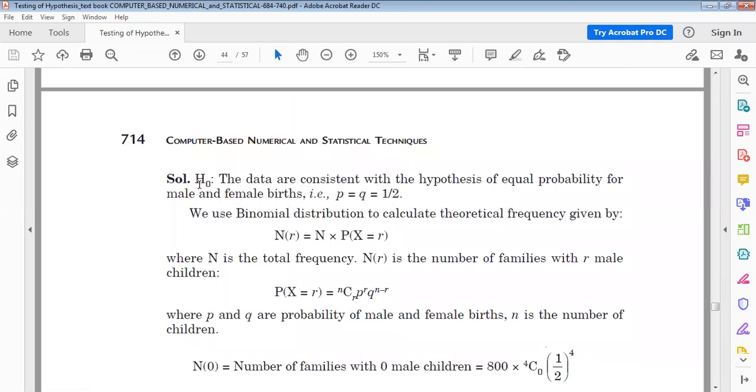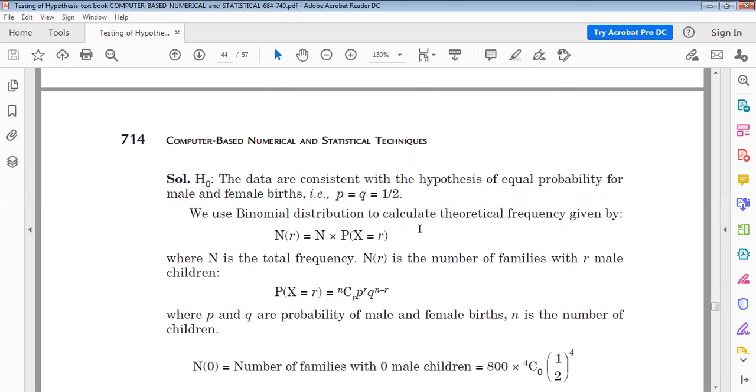Now let us consider H naught is the null hypothesis. The data are consistent with the hypothesis of equal probability. That means P is for male and Q is for female, that are equal probability. P is for male baby and Q is for not male baby, that means female. So P equals Q equals what? Half.